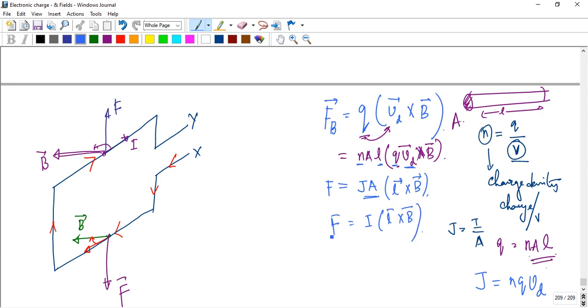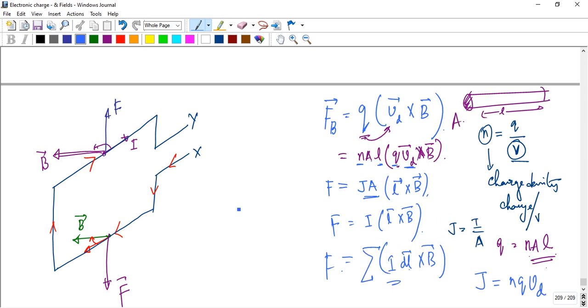That's the force F. Now if I take a very small summation over the total, F equals the sum of I dL cross B. If you wish, the summation can be replaced by an integration, which means a total sum.